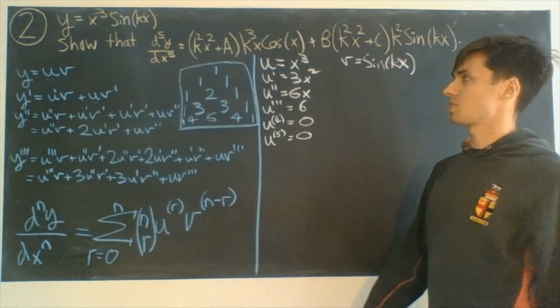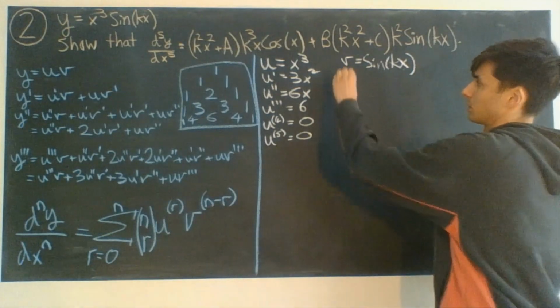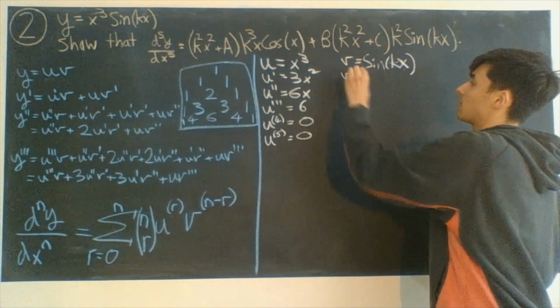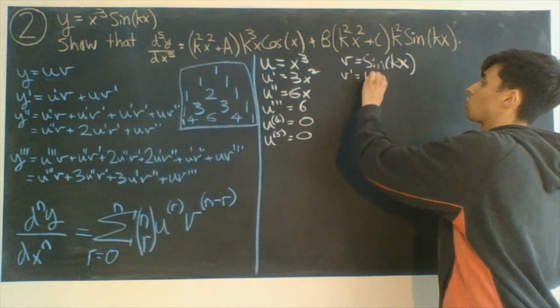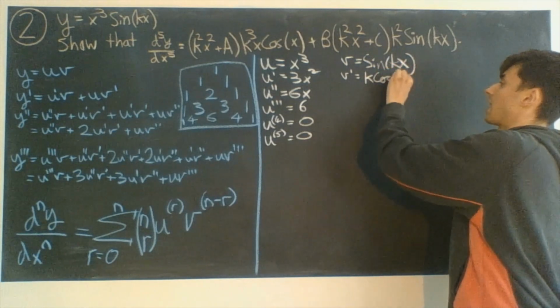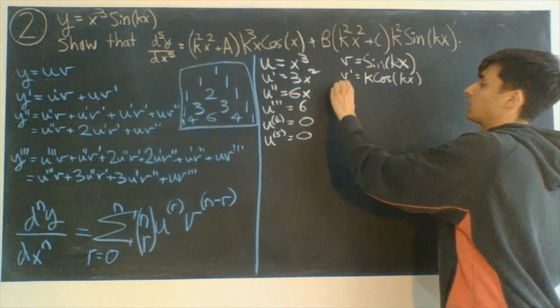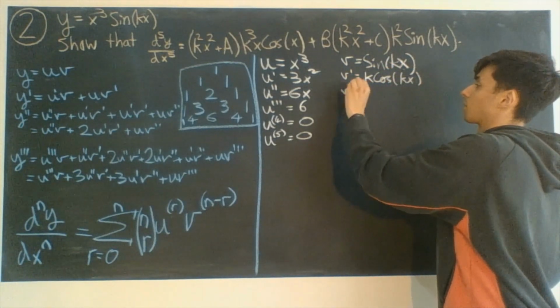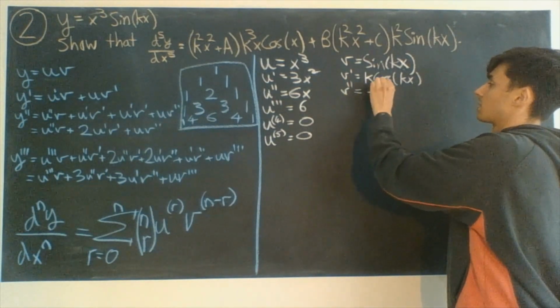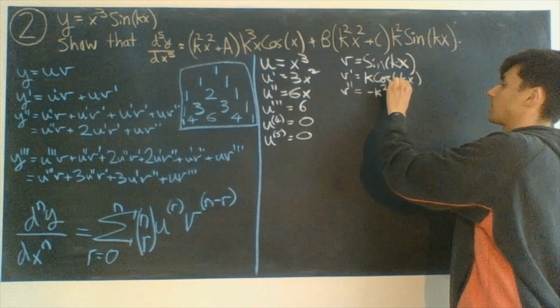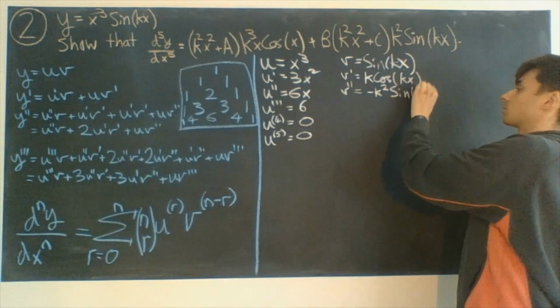We now want to do a similar thing with v. So the first derivative of v, of sine kx, is going to be k cosine kx. Now we differentiate again. The second derivative is going to be minus k squared sine kx.